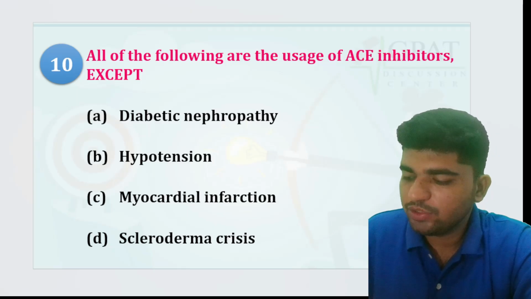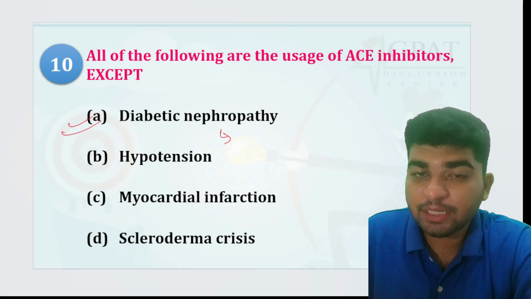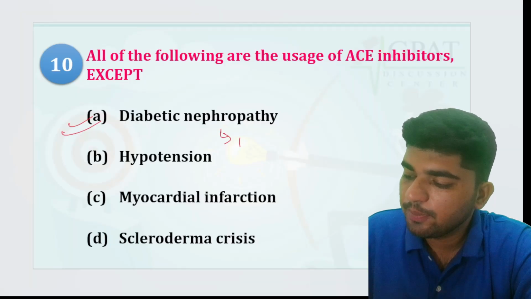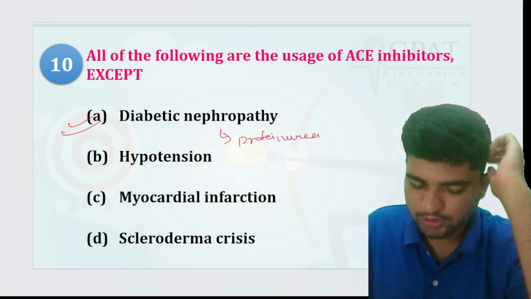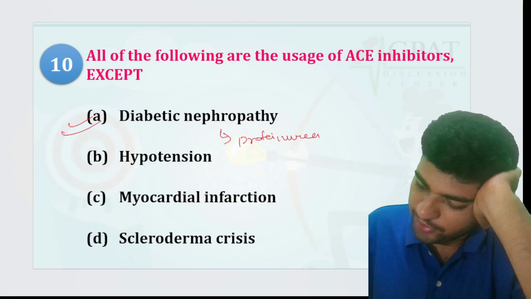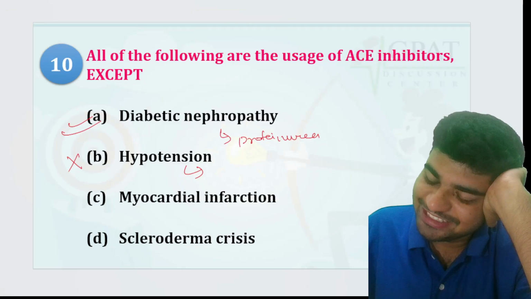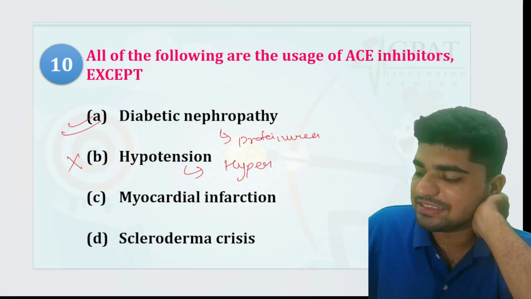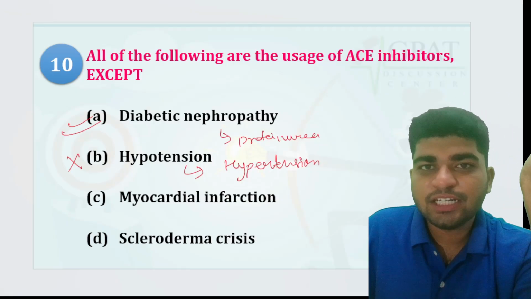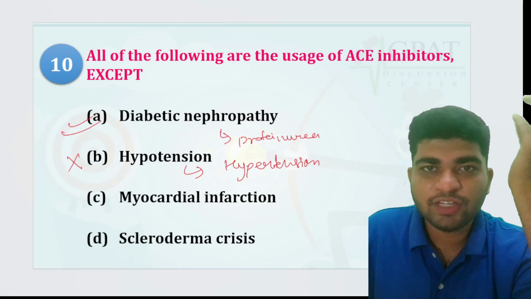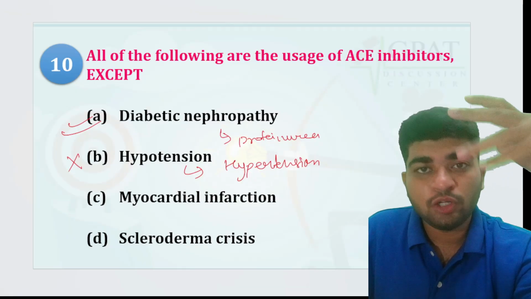In diabetic nephropathy, yes, it prevents diabetic nephropathy because it prevents proteinuria. In hypertension, it acts on hypertension, not hypotension, because it reduces the generation of angiotensin 2, which is responsible for the increase in sodium and water volume inside the body.